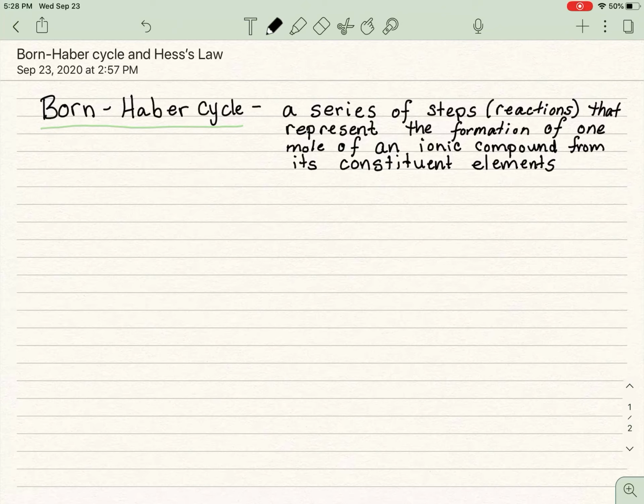I'm going to have us focus on the formation of calcium chloride, which would mean I've got metallic calcium, an alkaline earth metal, with chlorine gas, which is a halogen and diatomic, and it's going to form calcium chloride, an ionic compound made of calcium ions, which are 2+, and chloride ions, which are 1-.